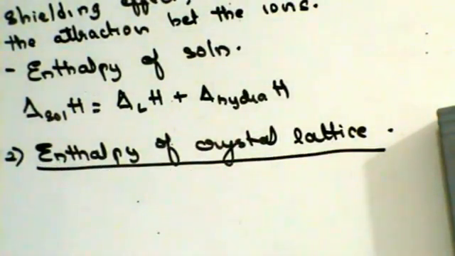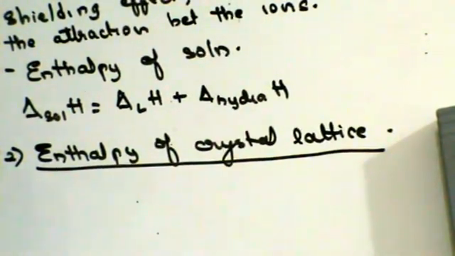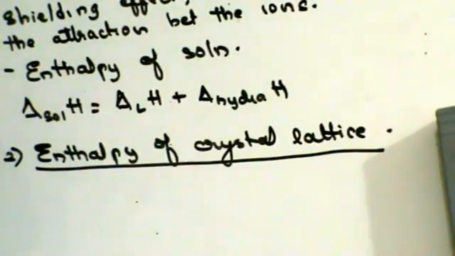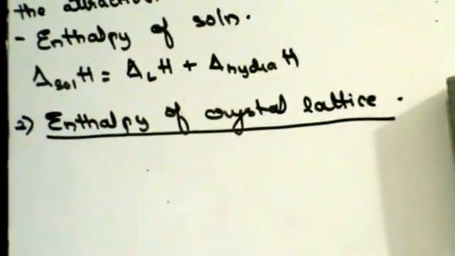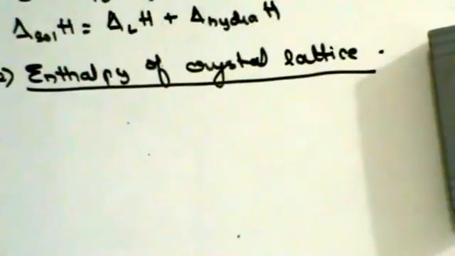Now what do I understand by enthalpy of crystal lattice? The enthalpy change accompanying the formation of 1 mole of a formula unit in crystalline solid is called enthalpy of crystal lattice.